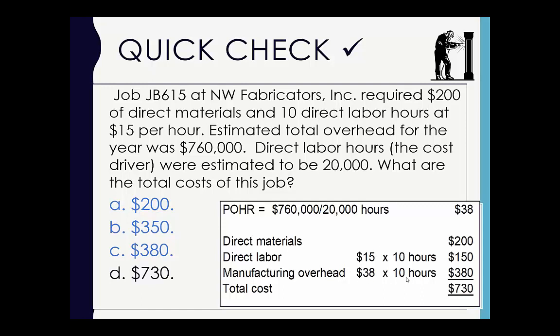So 38 times 10 is 380. So there's my total cost. Okay. That is pretty straightforward. I always use my direct materials because it's direct. I know exactly what I paid to put all the raw materials together, and I know exactly what my direct labor was. Remember, my direct labor are those people that are specifically working on that product.